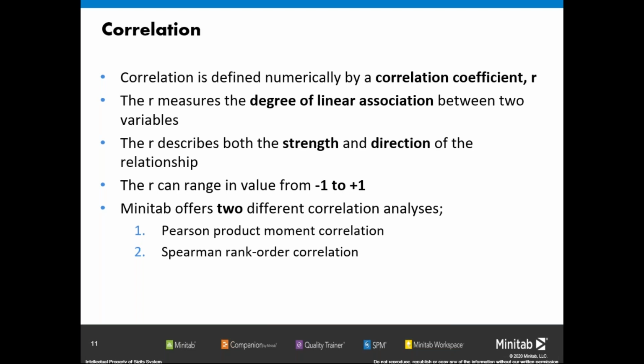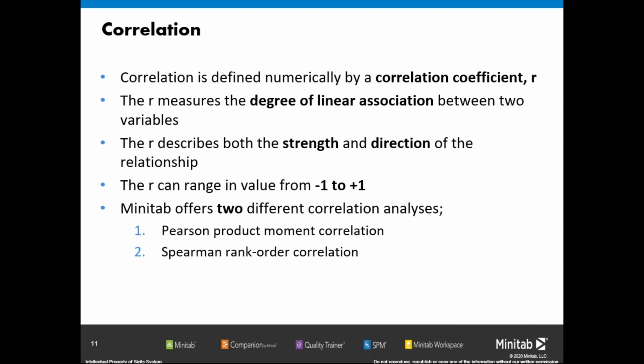Then the direction refers to positive or negative. Let's say your x is positive, it means that if your x increases, your y will increase. If it is negative, it means that maybe x increases and y decreases, or something like that.